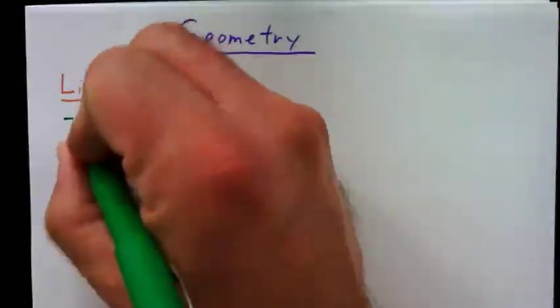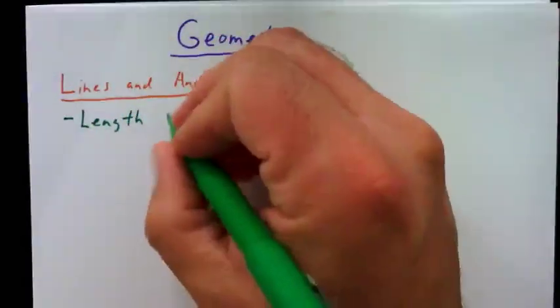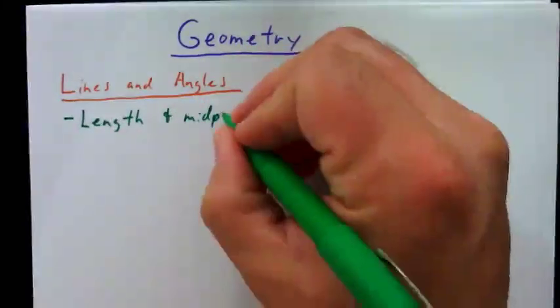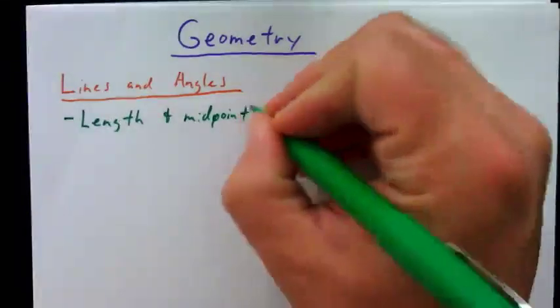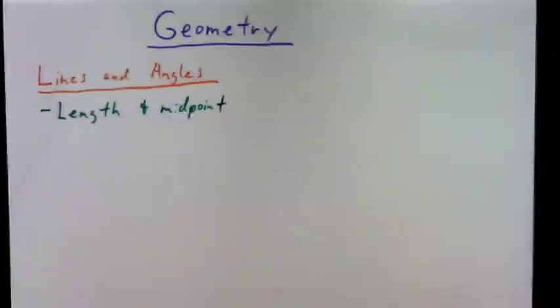So, under lines and angles here, the first mini title we're going to have is length and midpoint. So, this is the first idea that we need to go over. Now, for length and midpoint, there are formulas for both of these. Now, if you're trying to find the length of something, what formula are you actually using to find the length? Another way of saying that you're finding length is by finding the distance. All right.